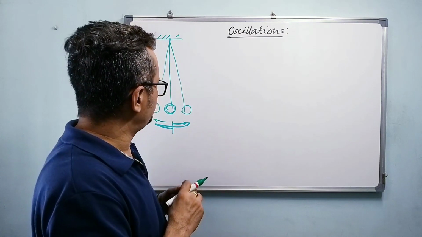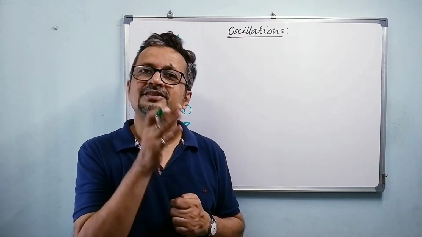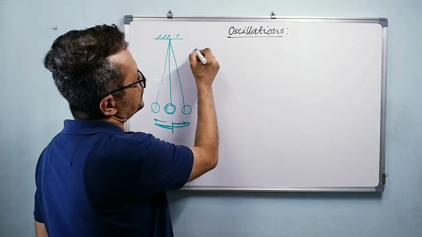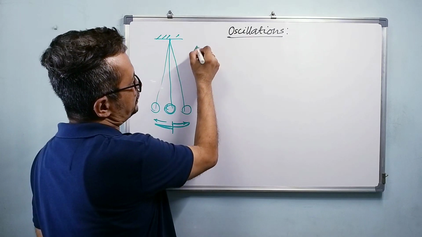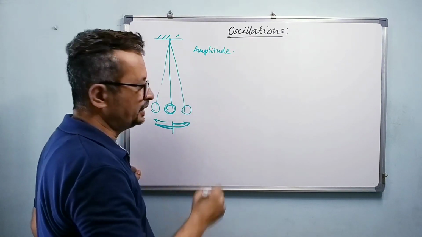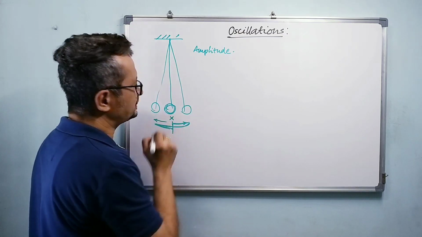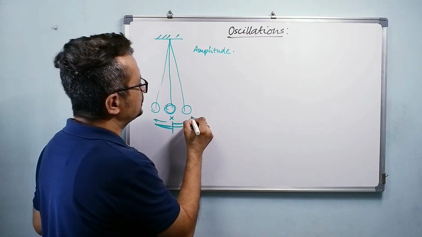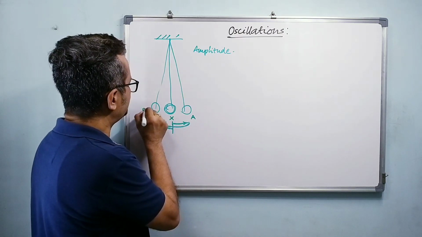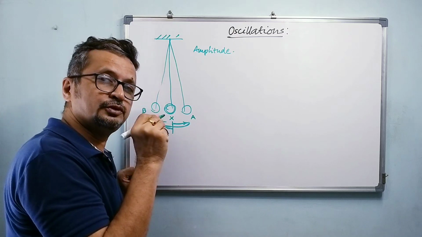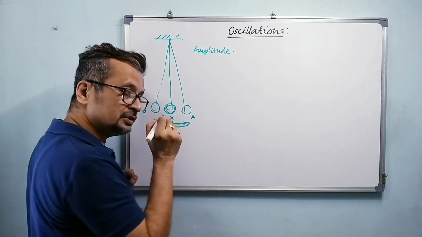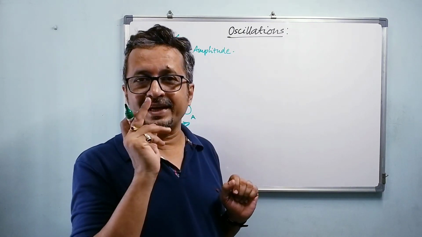Now there is some maximum displacement on either side, and this maximum displacement on either side is called amplitude. Let us say x is my initial position, then A here and B here. A is the extreme position towards the right and B is the extreme position towards the left. So how does one oscillation get completed?